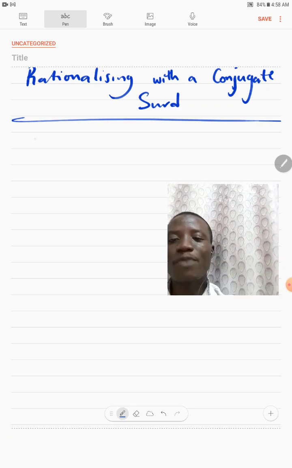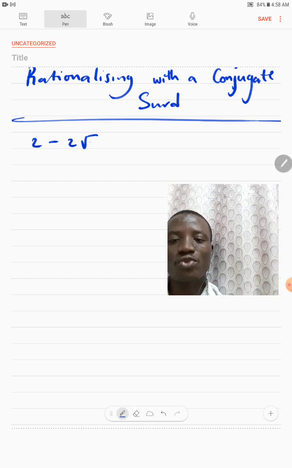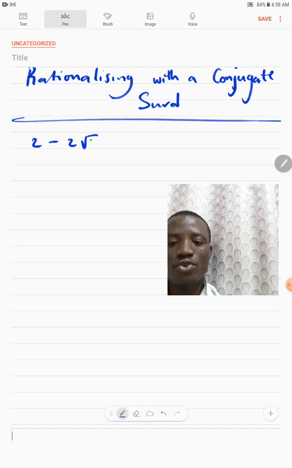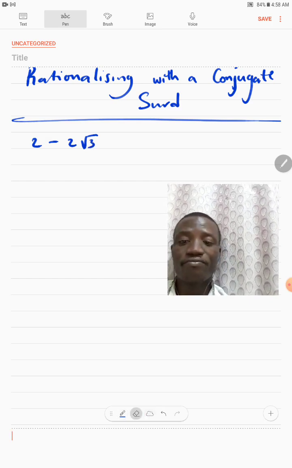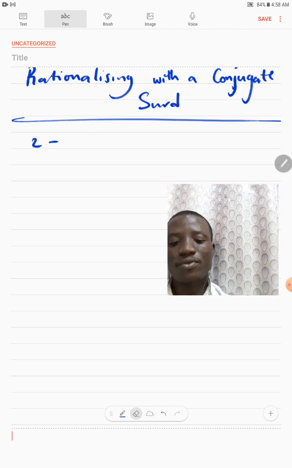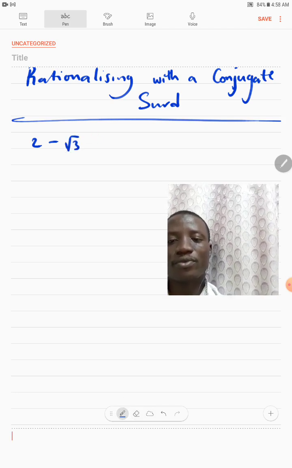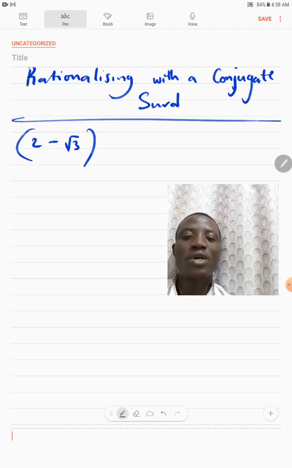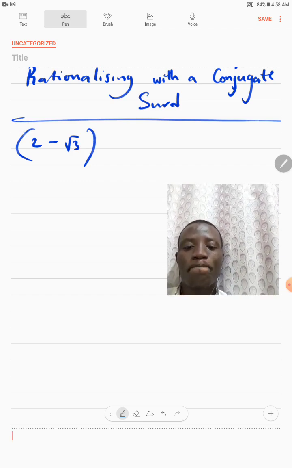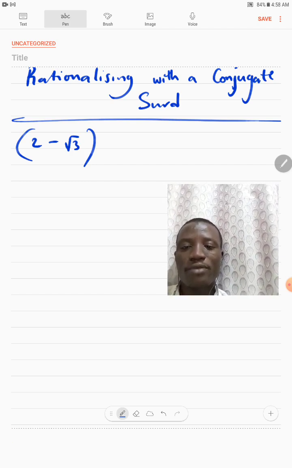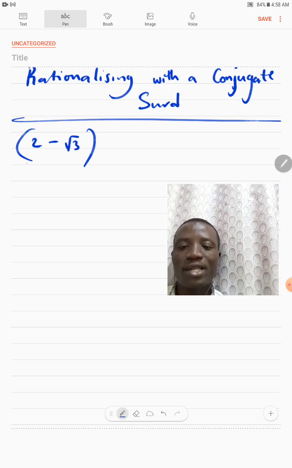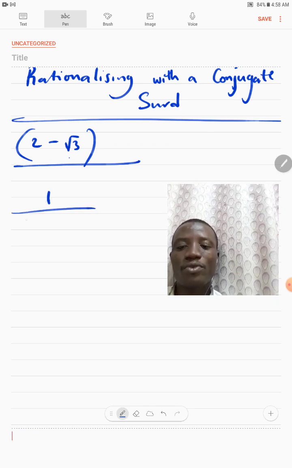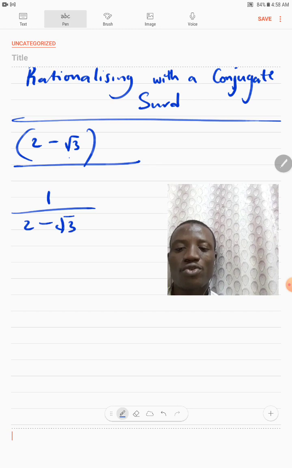So for example, if I have 2 minus root 3, this is in surd form, in the sense that there is root 3 there. Let's say this is what I have in my denominator, 2 minus root 3.